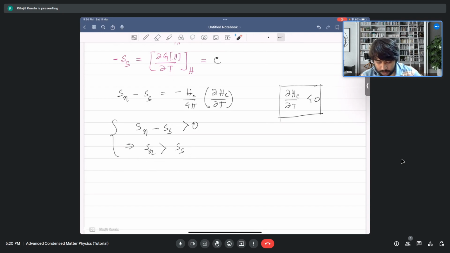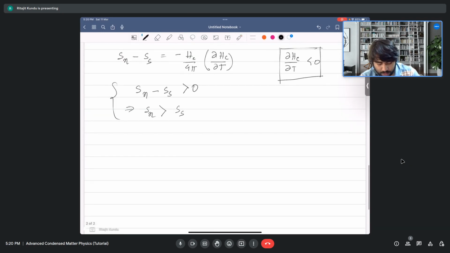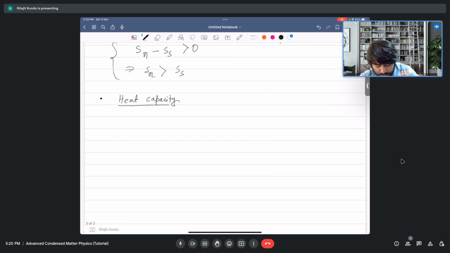Now we can calculate some other thermodynamic quantities. For example, we can look into what the heat capacity looks like. Just a little prologue before I jump into that: normally the heat capacity is given by C V equals alpha T plus beta T cube.